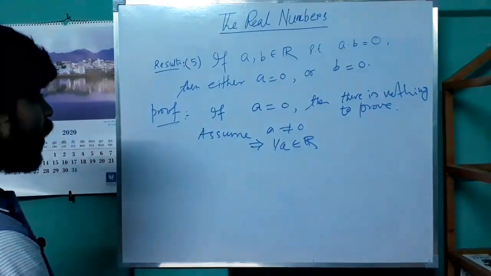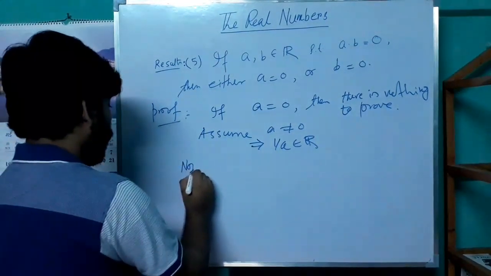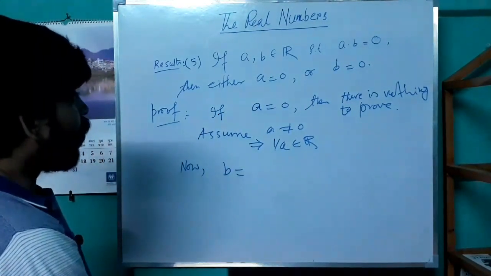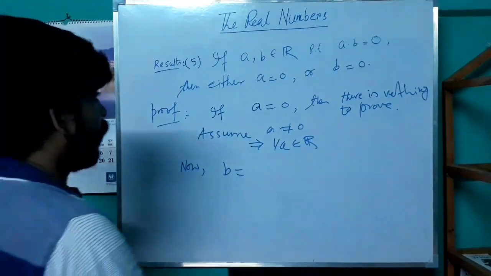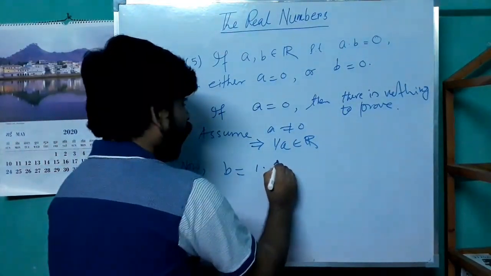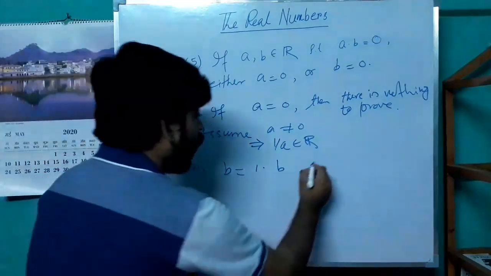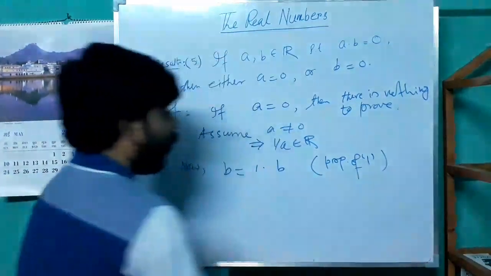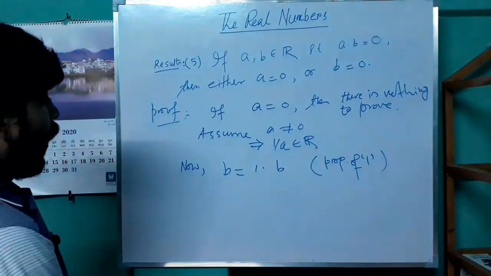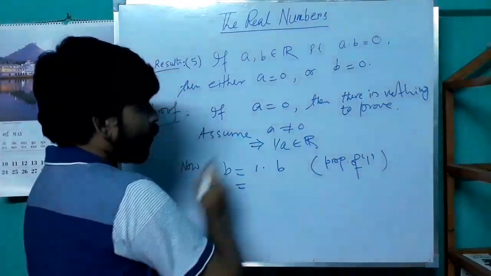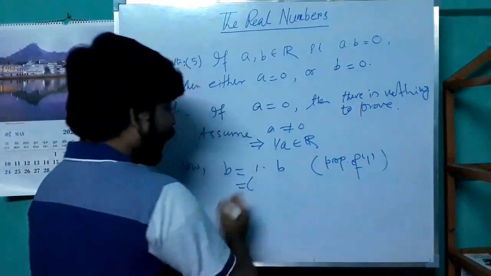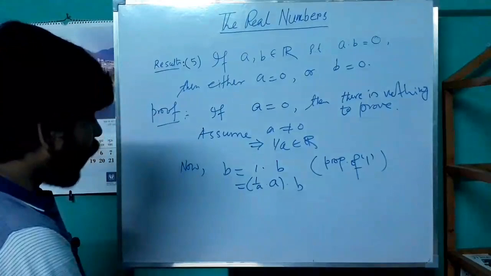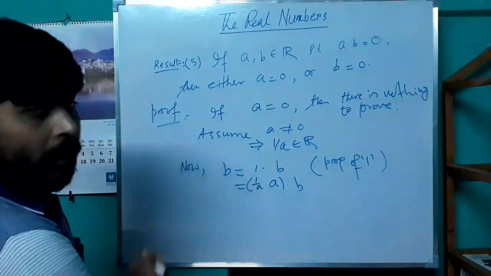Now we can write b equals 1 into b by the property of 1. And since a is non-zero, 1 by a exists, so 1 can be written as 1 by a into a. Now we apply the associative property of multiplication.